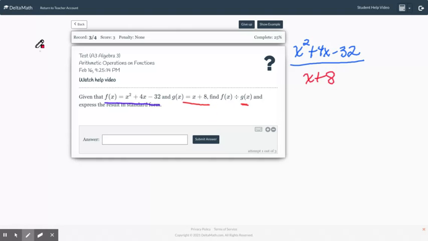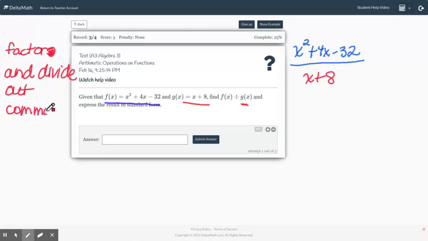All right, so to divide these, what you'll need to do is factor as much as possible and divide out common factors. So when I factor the numerator, I know x times x will be x squared. To get 32, I can multiply an 8 times 4.